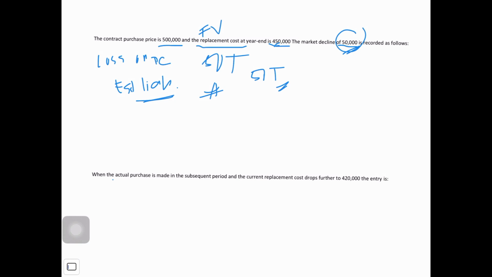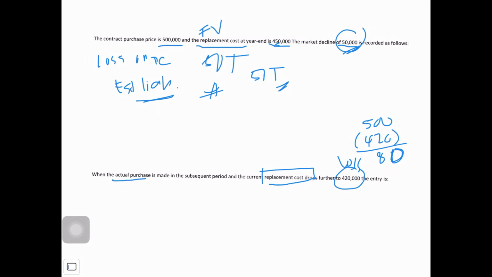So here, the second is the actual purchase made in the subsequent period and the current replacement cost drops further to 420,000. So its final value is 420,000. So 500 ang gisabutan, and then the price of the product on the day of the actual purchase is just 420. So we have an 80 loss.